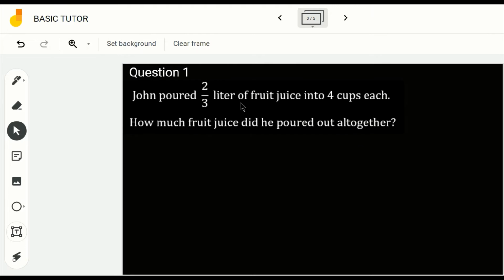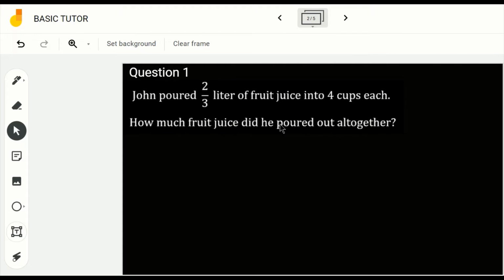So if he is pouring 2/3 liter of fruit juice into 4 cups, to know the total fruit juice that was poured out, we have to multiply the liter of the fruit juice by the number of cups.